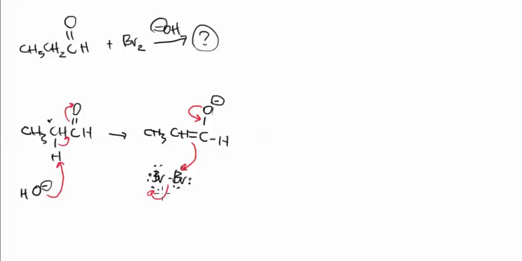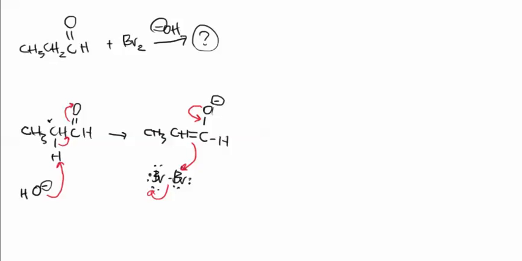The same thing happened with the acidic mechanism. So far, the only difference that we have seen is that the base is attacking the alpha carbon first. In the acidic conditions, the acid attacked the oxygen first, because that was the negative part for the acid. Well, we have a negative piece we're starting with this time that's attacking the hydrogen in the very beginning.